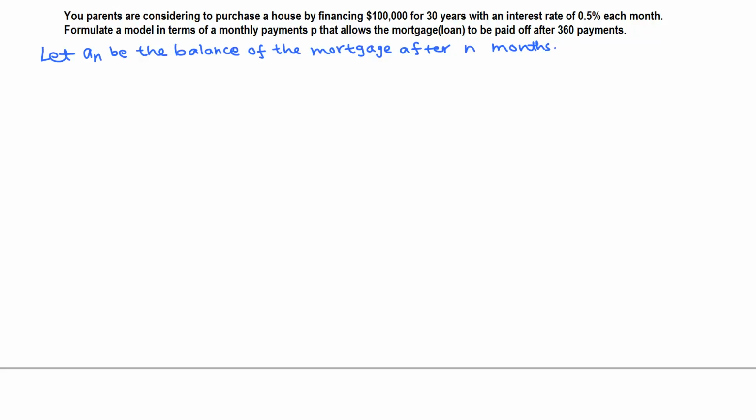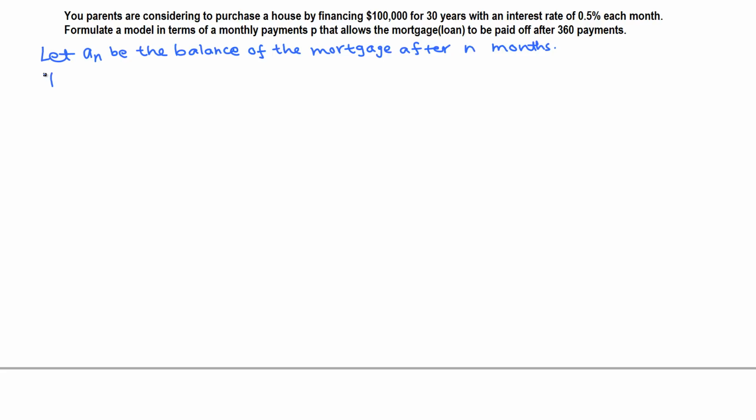Read the question carefully. Here the balance at the beginning is 100,000 to be paid off in 30 years. That means 360 payments, and the interest rate is 0.5% each month. Let A_n be the balance of the mortgage after n months.